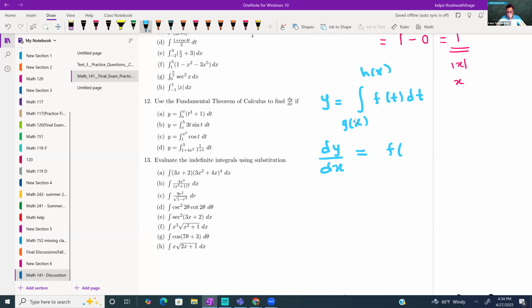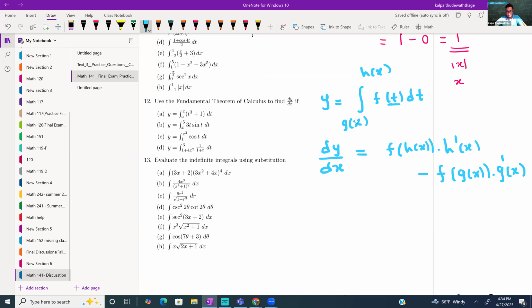You plug h of x in place of your t variable and take the derivative of h. Subtract, you plug the g function for your t variable and take the derivative of g. That's what you really do.